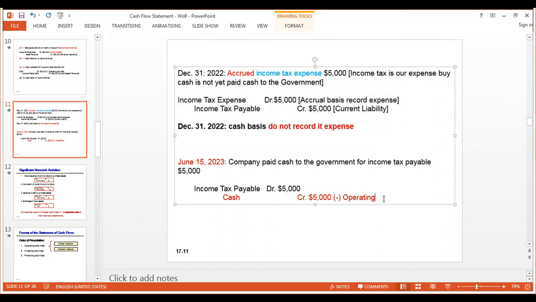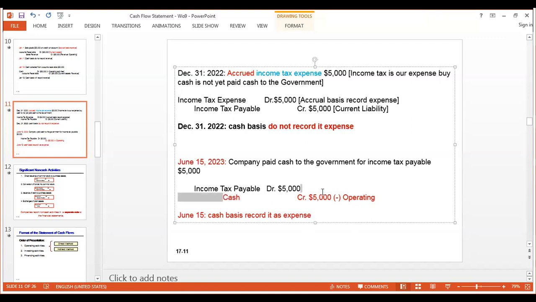But when June 15 came, cash basis records it as expense. Why does cash basis record it as expense?